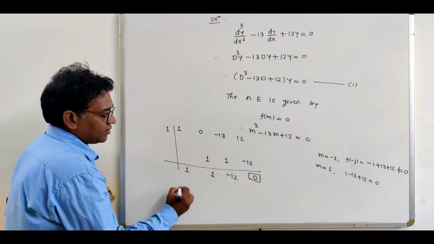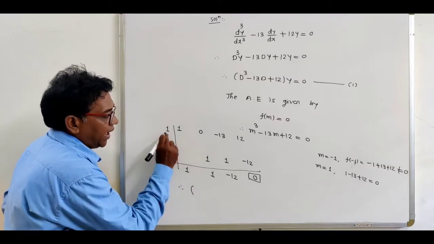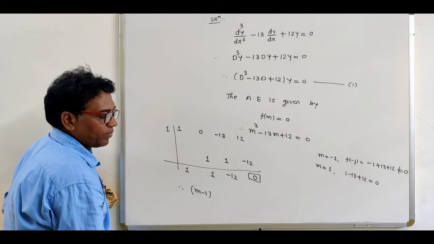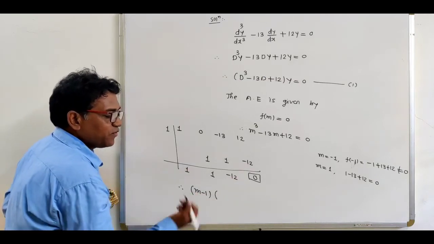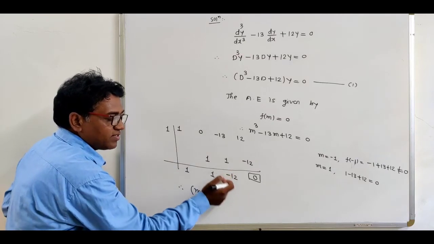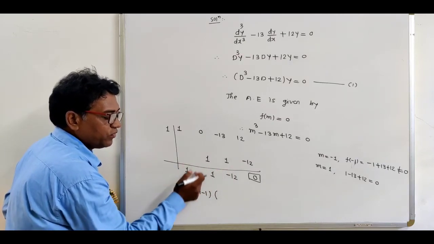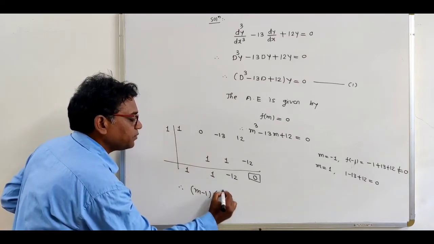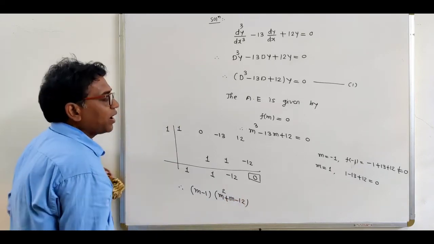So what are the factors? m minus 1 is one of the factors. And this row-wise element gives the second factor. So this is the constant term, this is the coefficient of m and this is the coefficient of m square. So what are the factors? This is m square plus m minus 12.